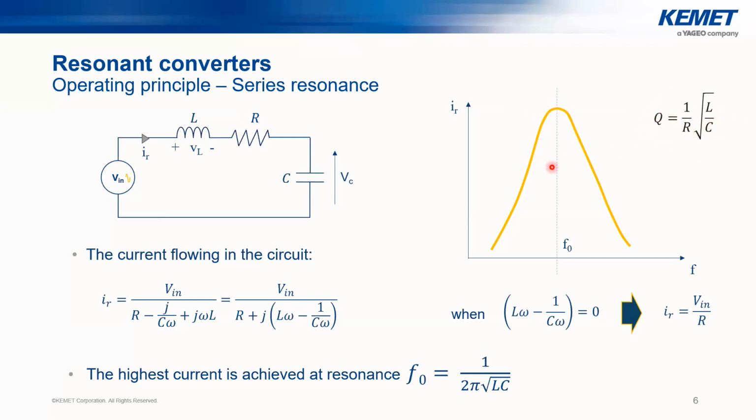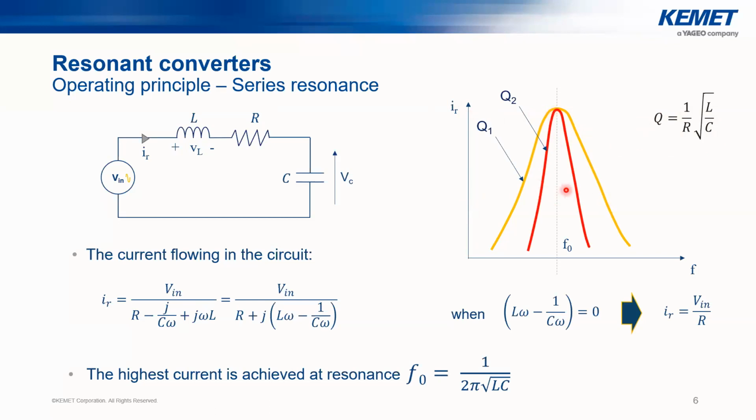So how will this affect the operating principle of the circuit? Imagine now that we have a lower resistance than the one that we are showing here, that leads to a higher Q of the circuit. That means that we can reach more easily the resonant point, the highest operating point of the current.